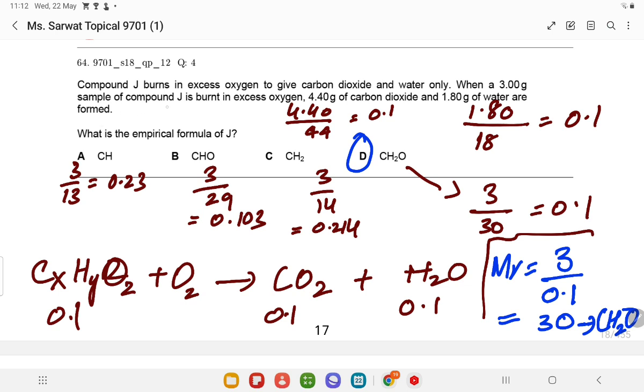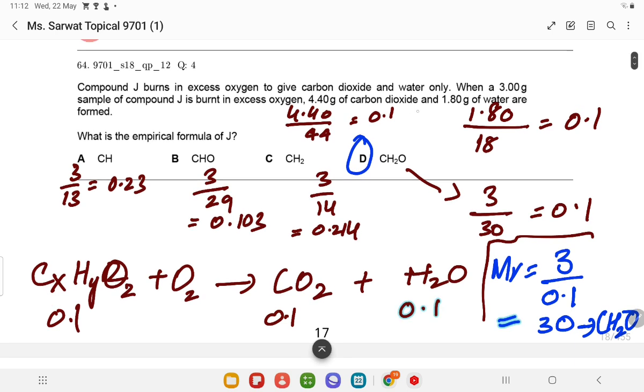The next question: compound J burns in excess of oxygen to give carbon dioxide and water only. When a 3 gram sample of compound J is burned in excess oxygen, 4.40 gram carbon dioxide and 1.80 gram of water are formed. What is the empirical formula of J?